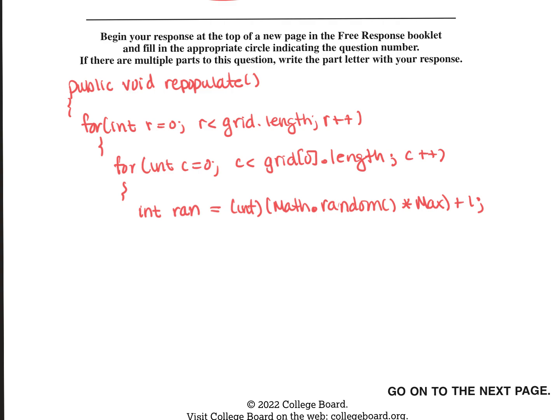Remember, if you're doing a 6-sided dice, it'd be math.random times 6 plus 1. So always kind of think back to that base case. So now we have to make sure this is a value that we can add. We wanted it to be divisible by 10 and not divisible by 100.